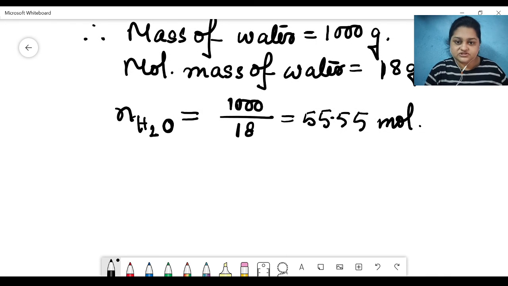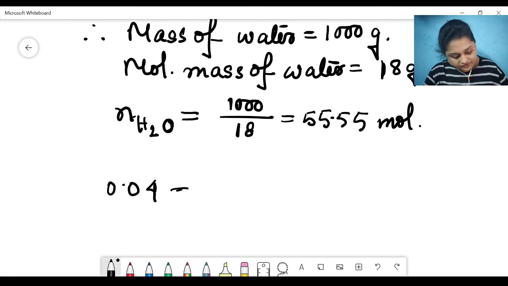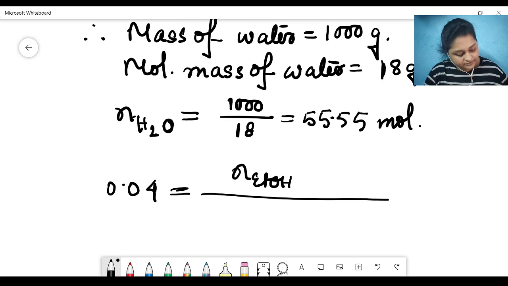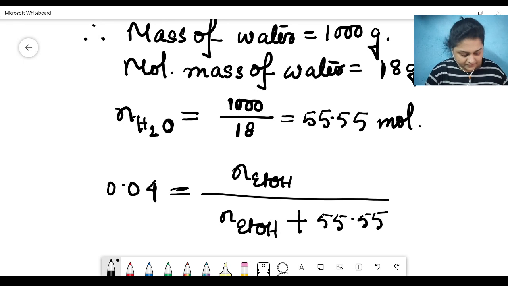Now just by putting this value in the mole fraction equation, we can find out the mole number of the ethanol, which is 0.04 equals to N of ethanol divided by N of ethanol plus 55.55.